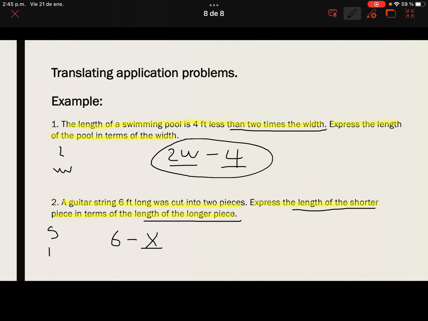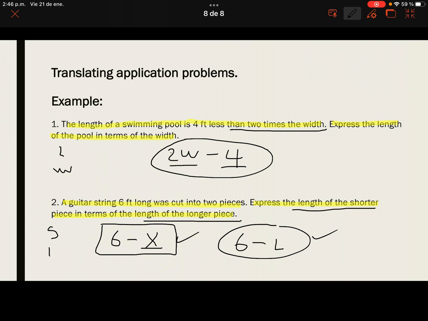That means that 6 minus X is the length of the shorter piece. Also we can say 6 minus L, where L represents the longer piece. We can change the variable; we can choose which variable we want to use and just use it. This can be the answer, or this can be the answer, depending on which variable I choose to represent the longer piece.